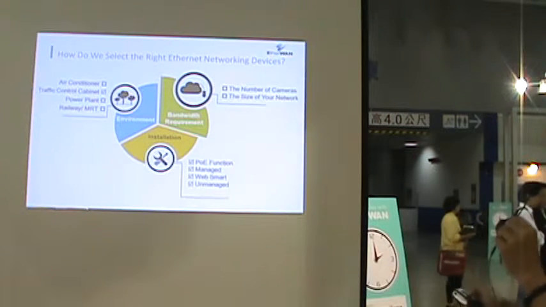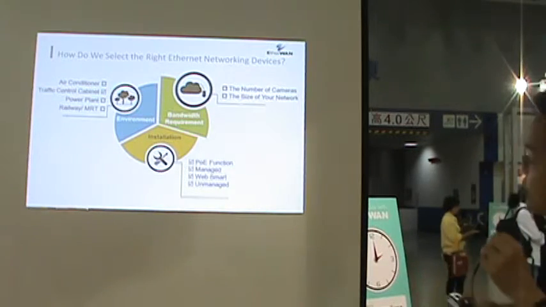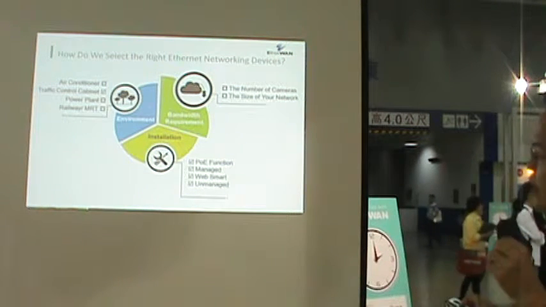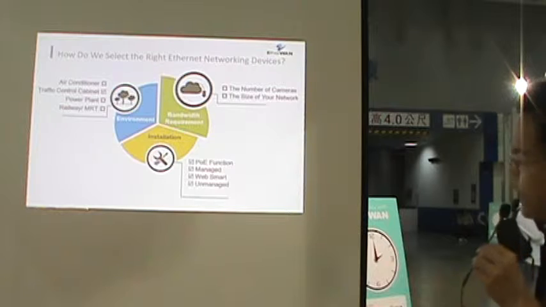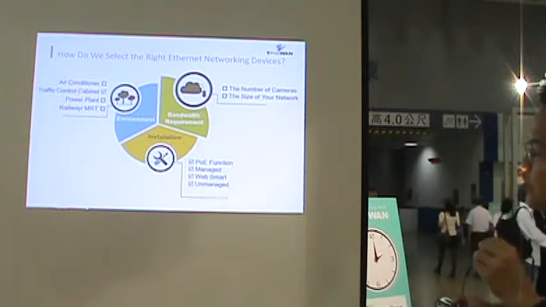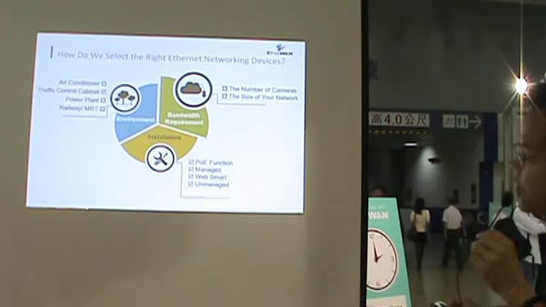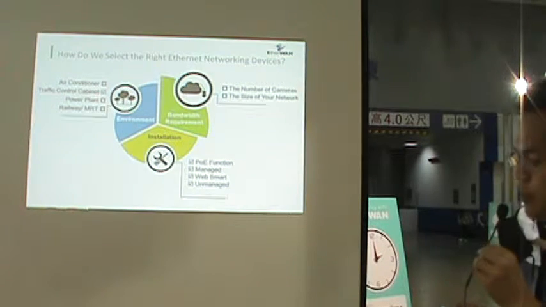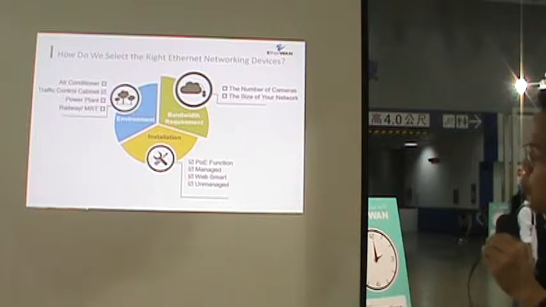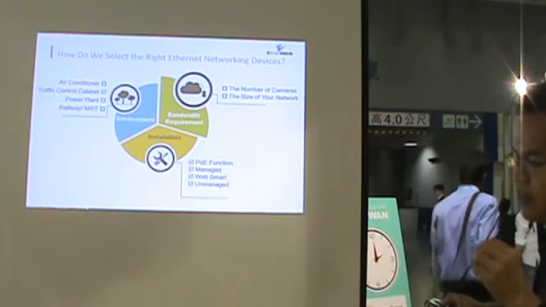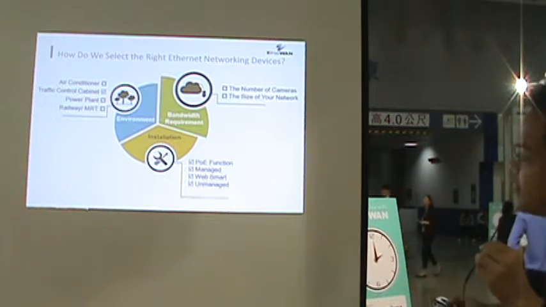How do we select the right Ethernet networking devices? There are three factors we have to consider. The first one is the environment. If you install a switch inside a place with an air conditioner, you don't need an industrial switch, because the air conditioner helps cool down the devices.